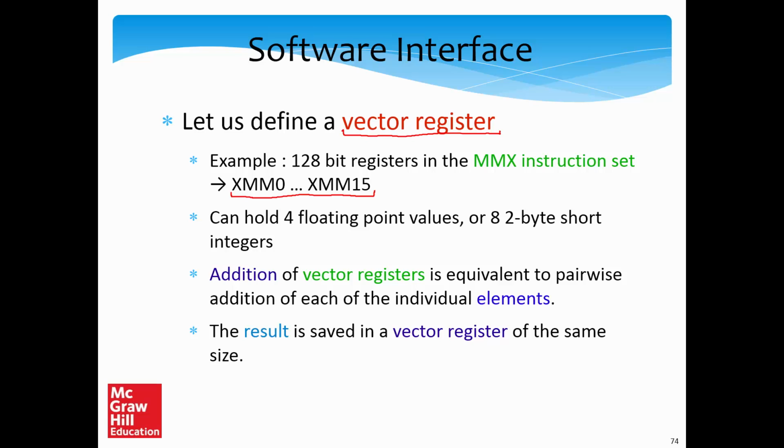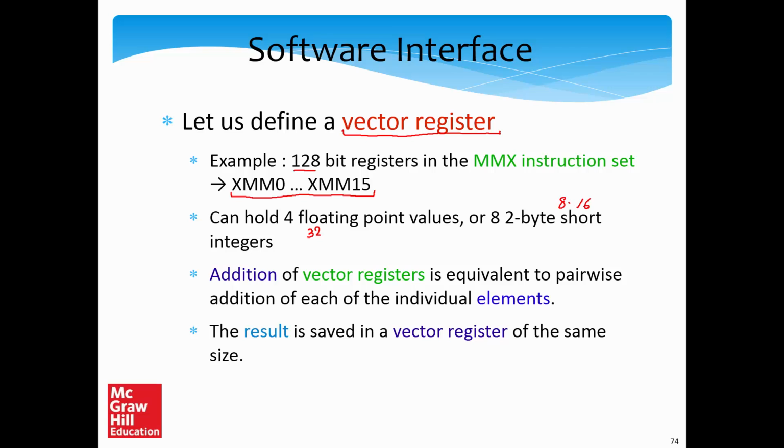Each of these registers, which is 128 bits, can hold 4 floating point values. So if you assume one floating point value is 32 bits, 4 of these can be held within one of these registers. Or additionally, we can hold 8 2-byte short integers, where one integer is 16 bits.